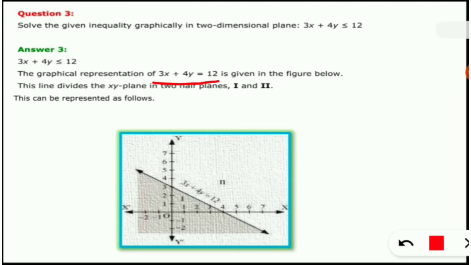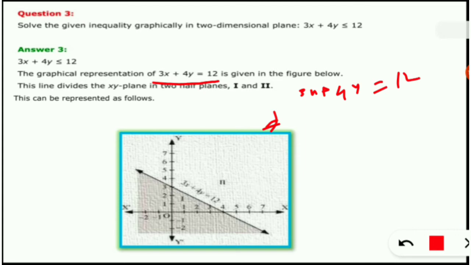Remember that for graphical representation we simply take the equation with the given number, so here it is 3x + 4y = 12.